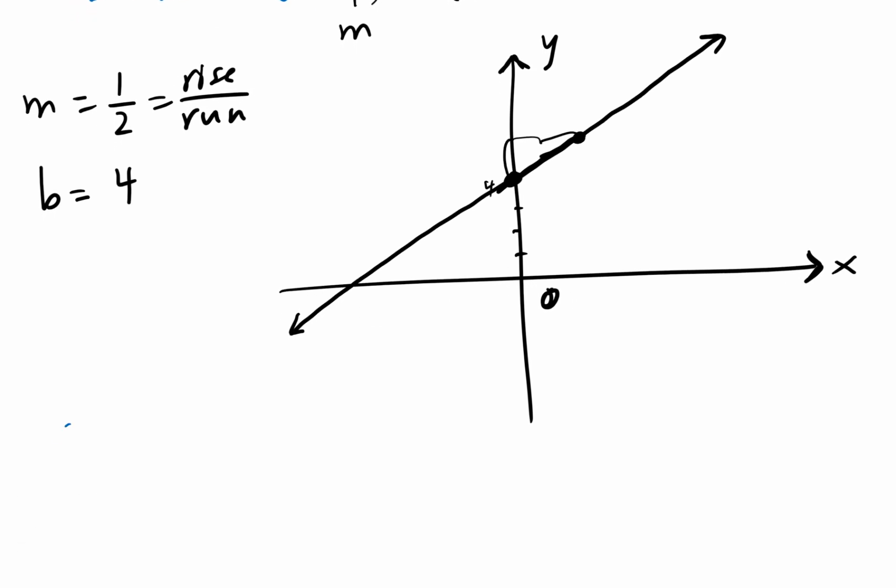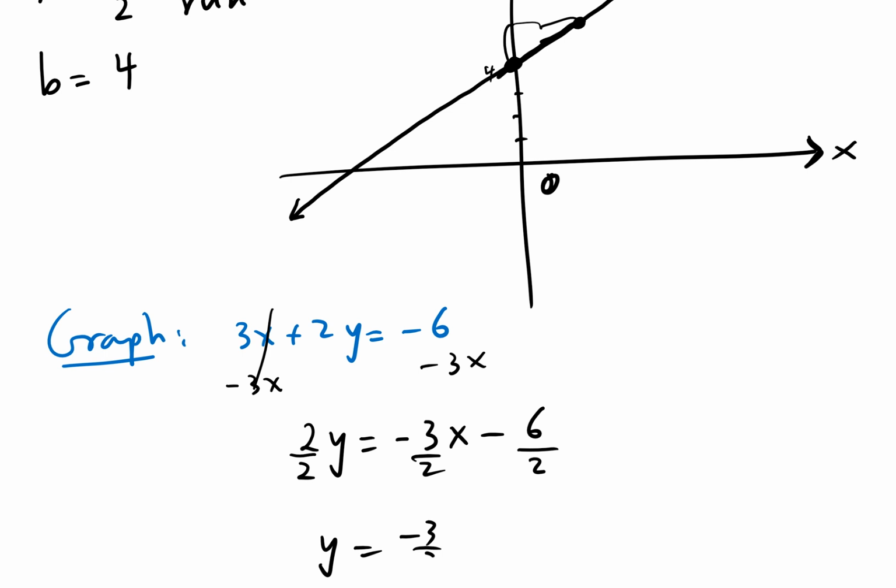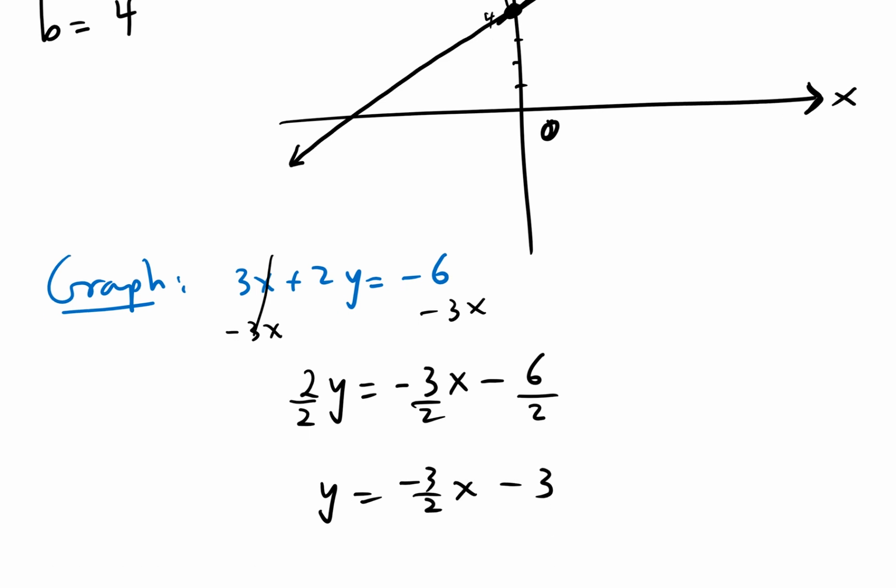If we're asked to graph something like 3x plus 2y equals negative 6, you need to solve for y. Subtract 3x on both sides. You get 2y equals negative 3x minus 6. Then divide by 2. So you get y equals negative 3/2 x minus 3.